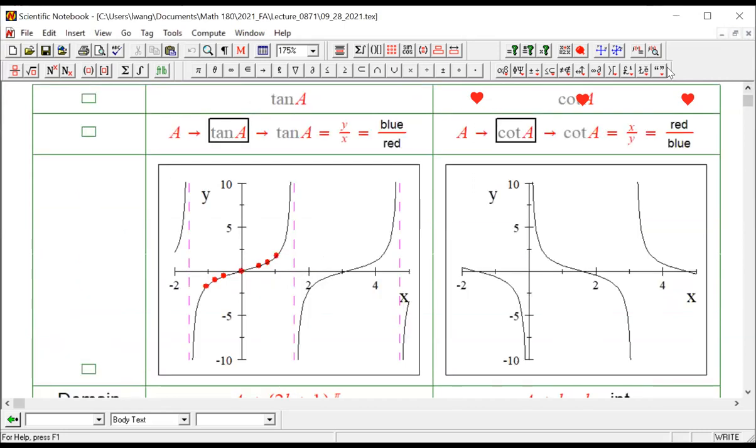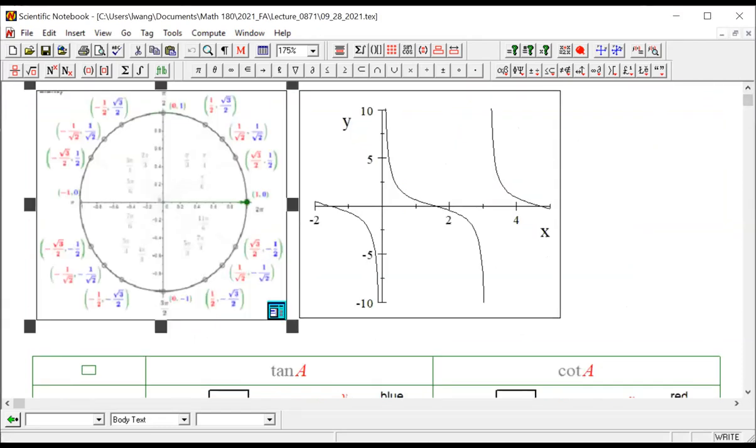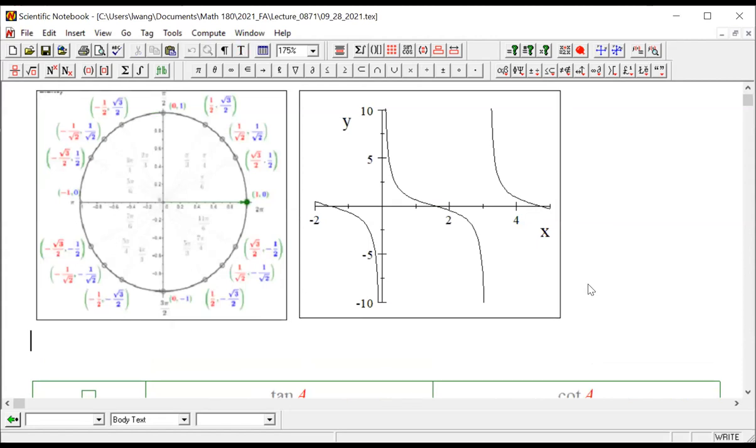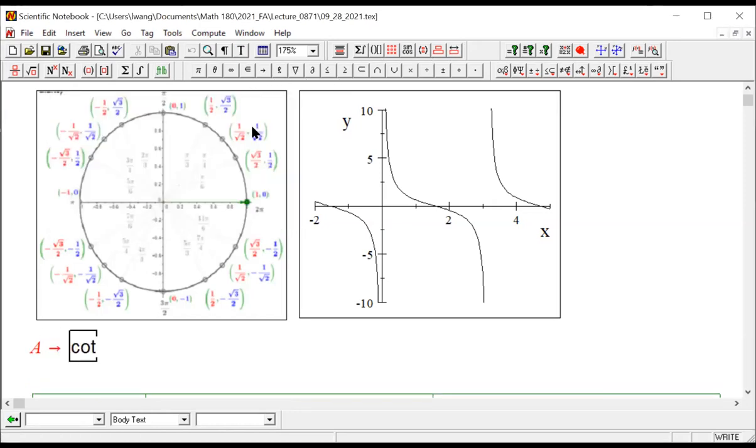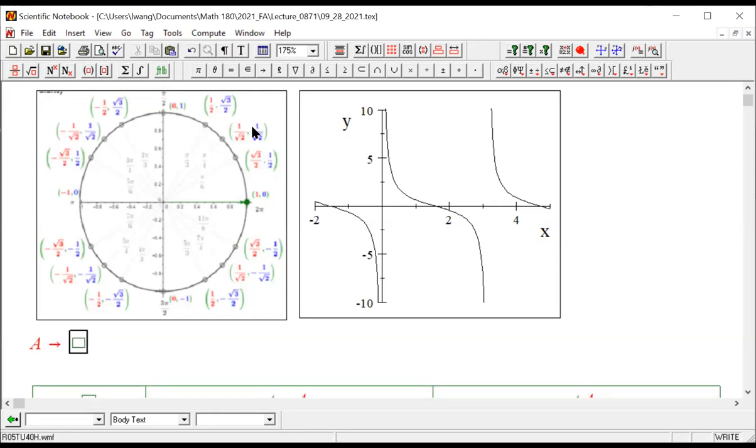We will go back to the fact that to find the x-intercept, the input is an angle and the function is cotangent. This is the old story, nothing new to you. The only thing is that this is a new function, and to find the x-intercept, the output is 0.